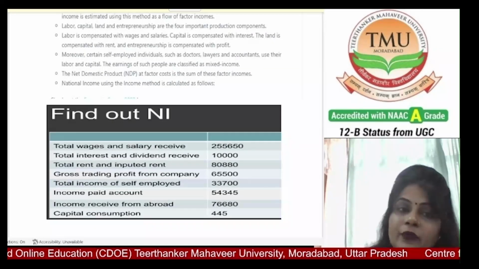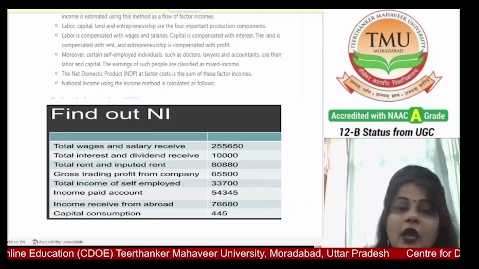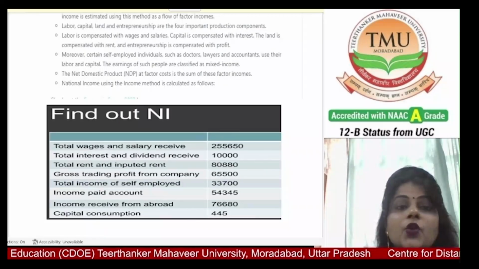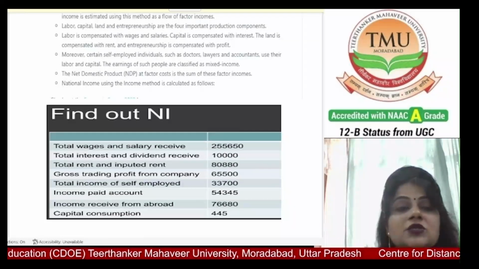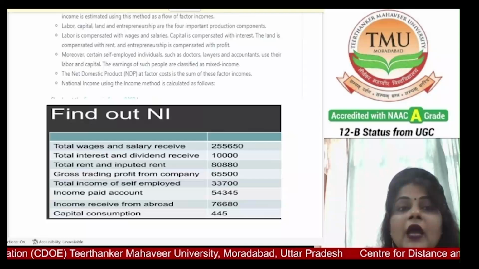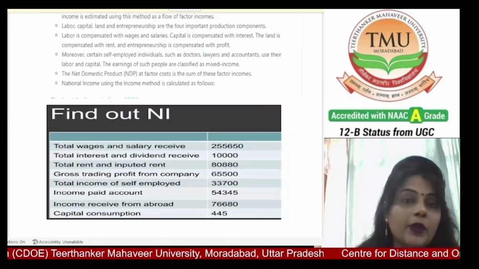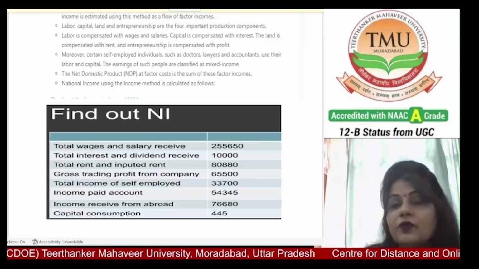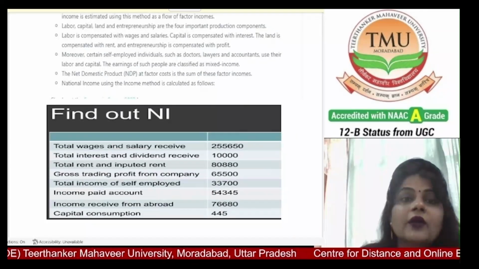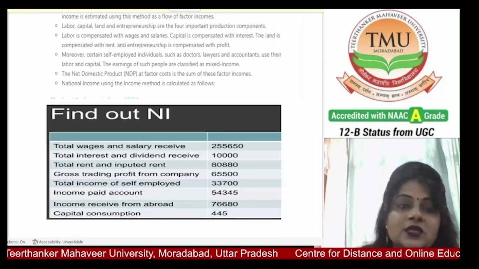and mixed income, etc. The third step is to calculate domestic income, NDP at factor cost. The total of all factor incomes is known as domestic income, NDP at factor cost. NDP at factor cost is equal to compensation of employees, as I have also discussed, plus profit plus rent and royalty plus interest plus mixed income.